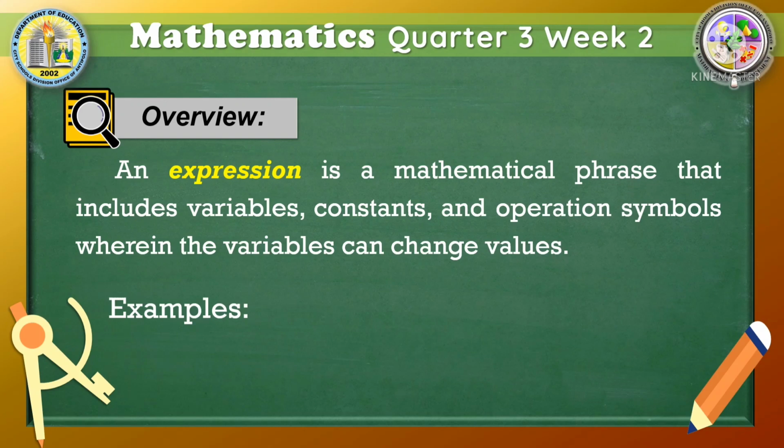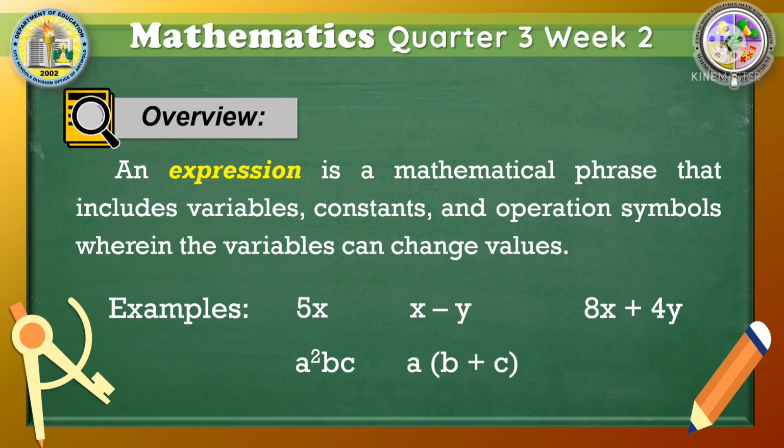We have 5x, which is composed of a constant 5 and a variable x. We have x minus y, which is composed of two variables separated by the operation symbol minus. We also have 8x plus 4y, a squared bc, a open parenthesis b plus c close parenthesis, and a plus 2 over b.